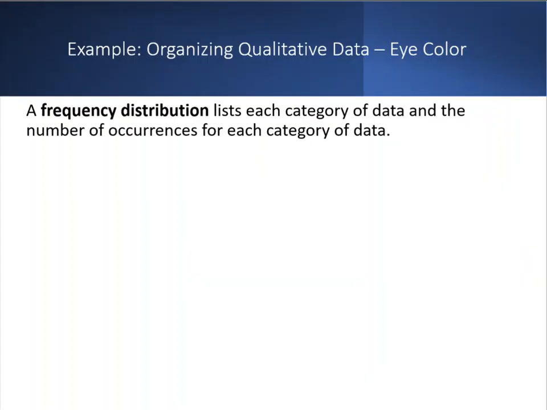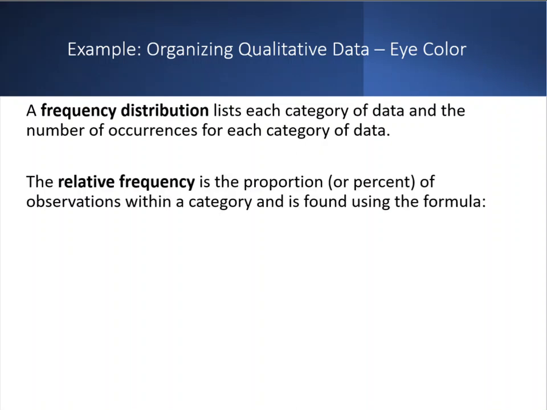When we want to talk about a frequency distribution in a table, a frequency distribution is really just going to give me the number of occurrences for each of the categories we're looking at. So how many people responded Democratic, how many people responded independent, and so forth. A relative frequency distribution would be the proportion or percent of observations within that category.